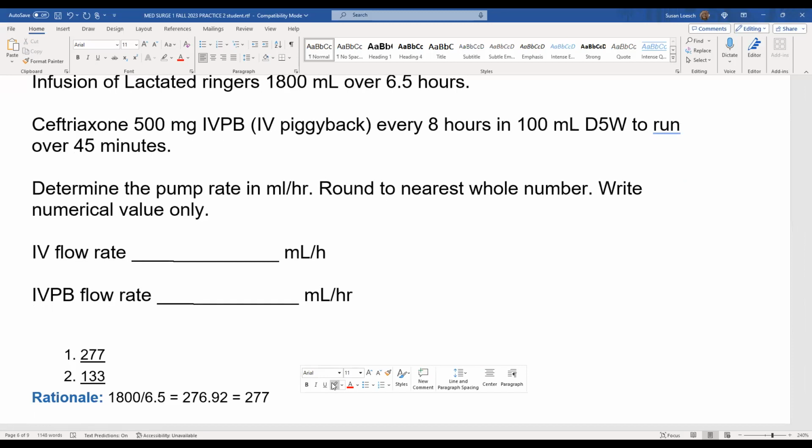And the piggyback? 133. Okay, everybody was able to get those two numbers? Yes.